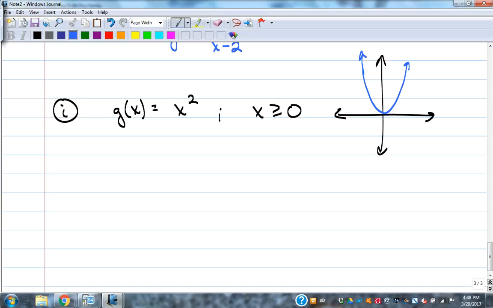So what that does is it takes this half off. Now, is that one-to-one? Yes. So that's why they had to tell me that, so that it would make this a one-to-one function so that I could find the inverse of it. That's the reason that they tell me x is greater than or equal to 0. That's also going to come into play when I do the inverse stuff here.